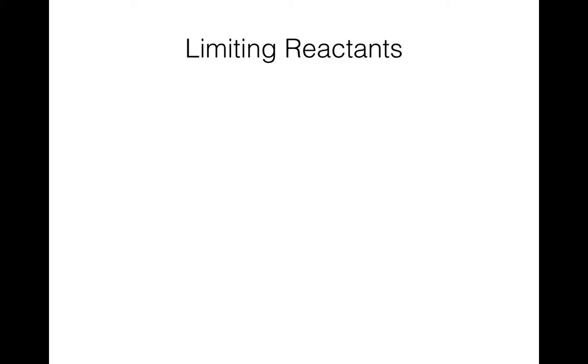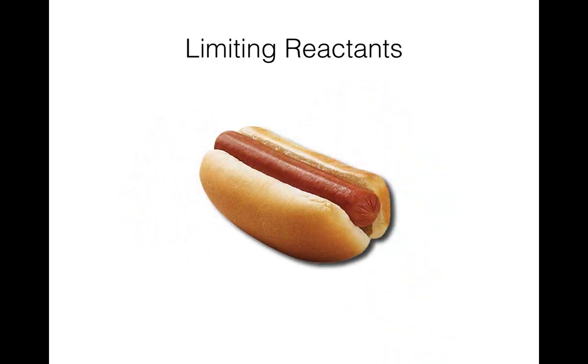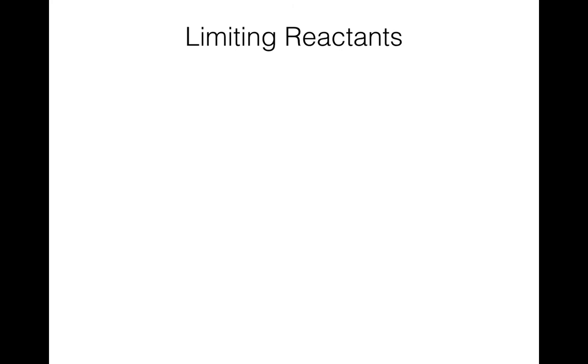So to learn about limiting reactants and to understand how you will navigate these types of problems, we will be talking about hot dogs. Yes, hot dogs. I like hot dogs. They're silly. They have a very easy relationship of dog to bun ratio, and I think it will make you understand how this works. Right?